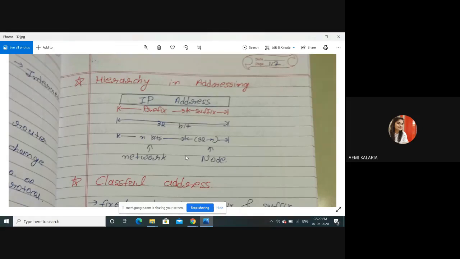Basically, the prefix part will represent the network ID, meaning through this IP address how many networks are possible, and inside a network, through the suffix part, we can decide how many nodes are possible in that particular network.